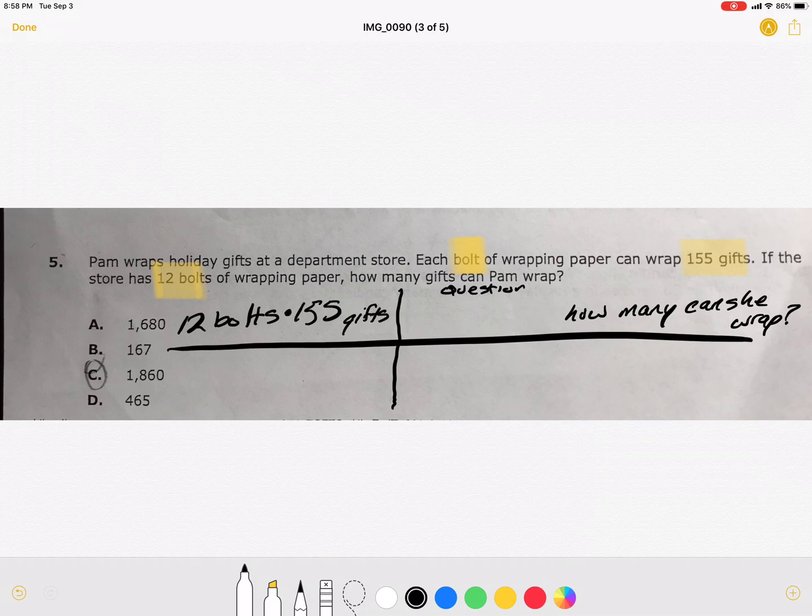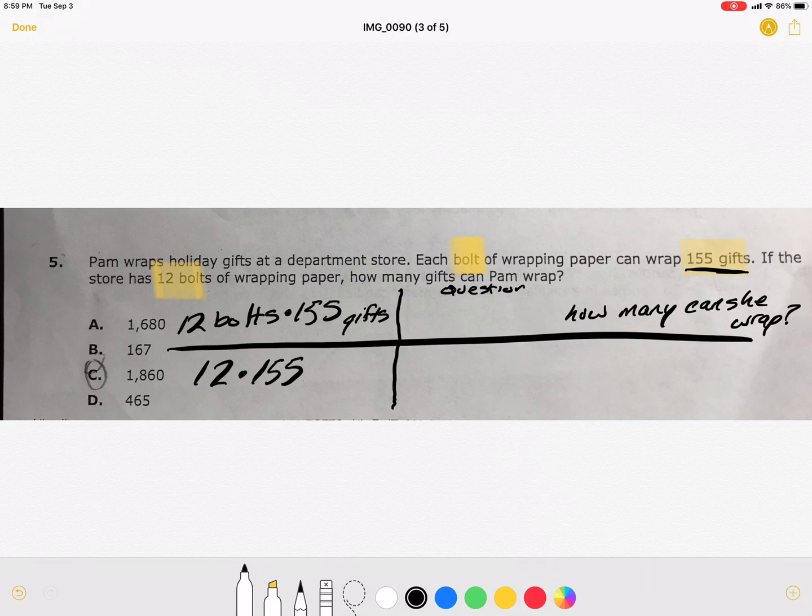Because you can think of 155 gifts as how many each of these groups have. There are 12 groups of 155. And as we know, that would mean 12 times 155.